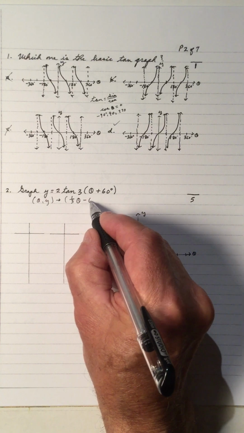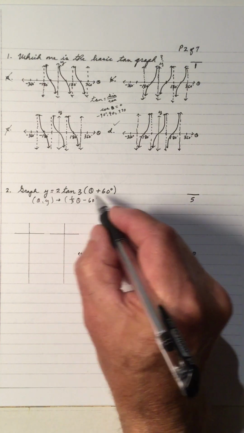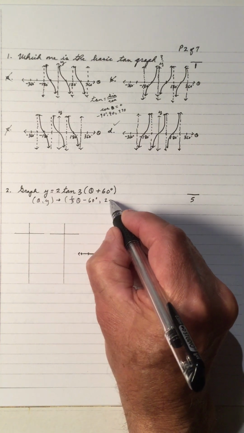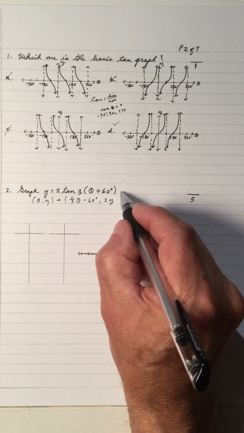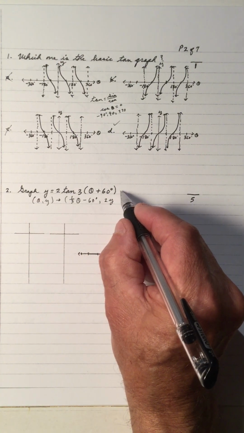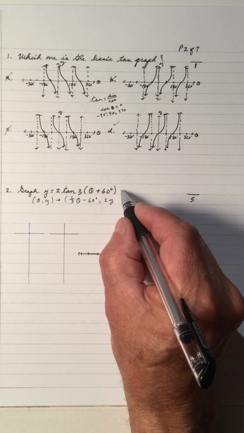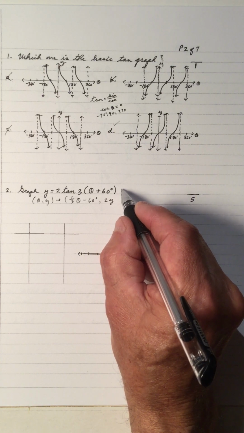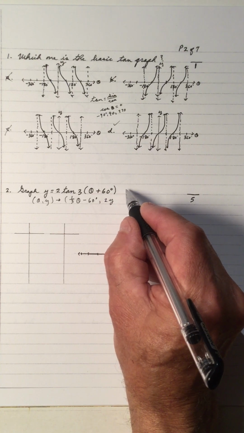Opposite is negative 60 degrees. And the y value stays the same, so it's a 2 times y. And there's no vertical translation up or down because there's no number on here, only a 0.